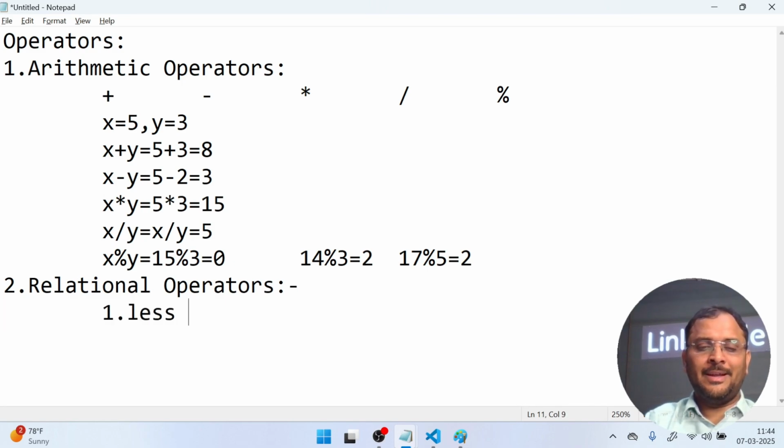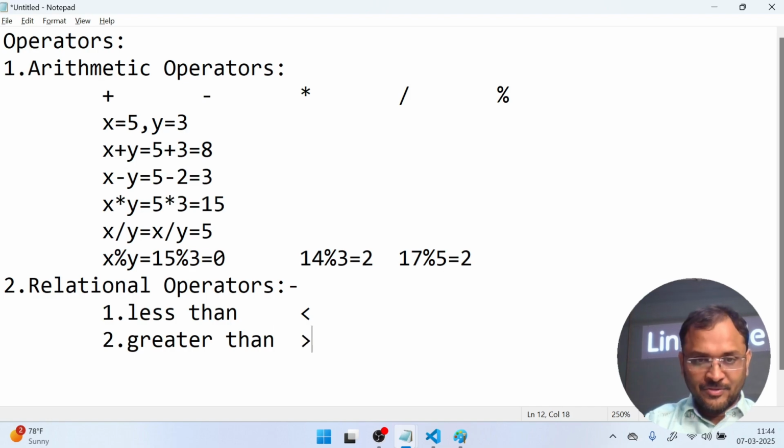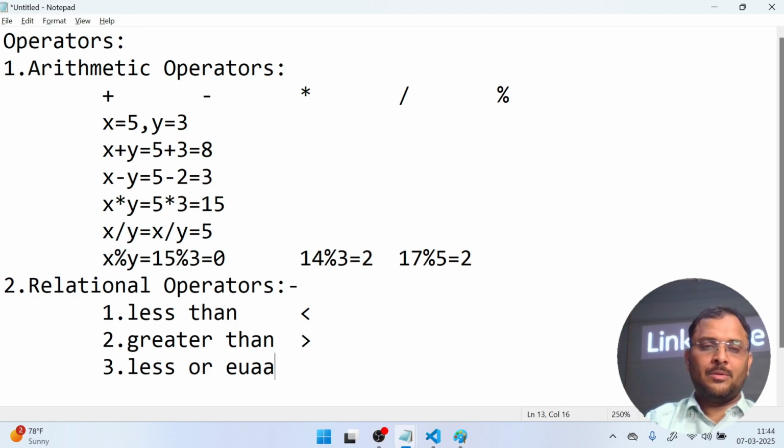First is less than. Second one is greater than. Then the third one is less than or equal to.